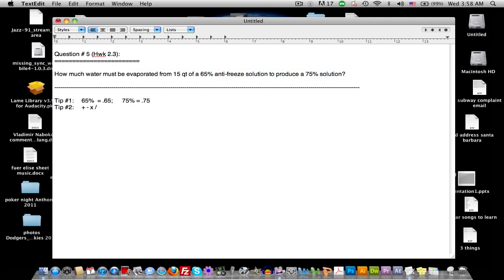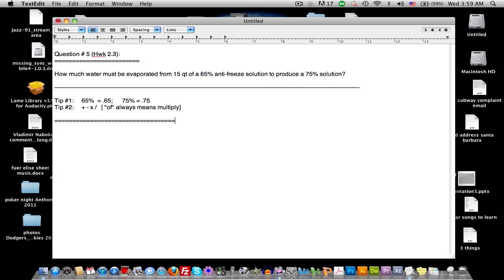I'm just going to put a slash there. And the key here is the word "of." "Of" always means multiply. So I'm going to say that right here: of always means multiply. If we know that rule, and we know how to convert percentages to decimals, we will be well on our way to solving this problem.